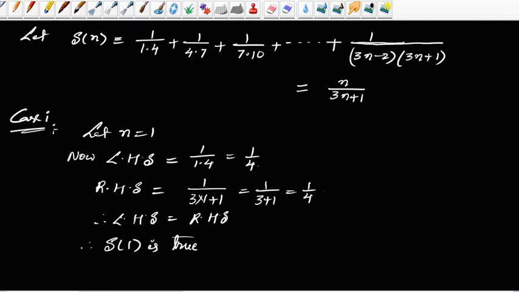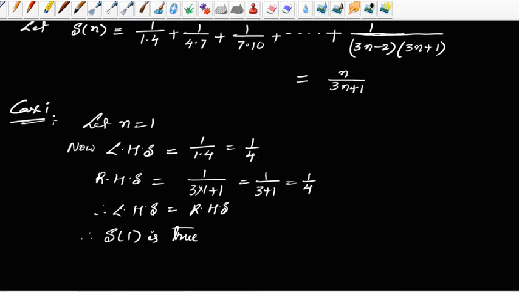Next, case 2. Assume that the statement is true for n is equal to k, that is, S of k is true.